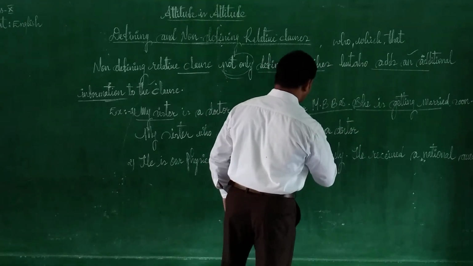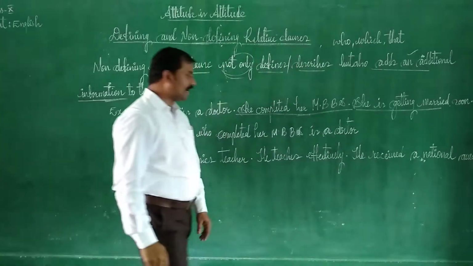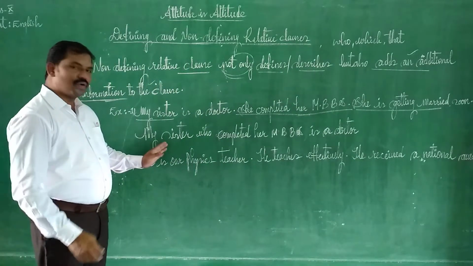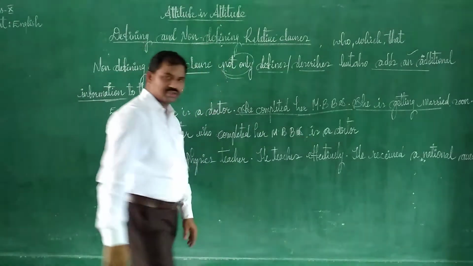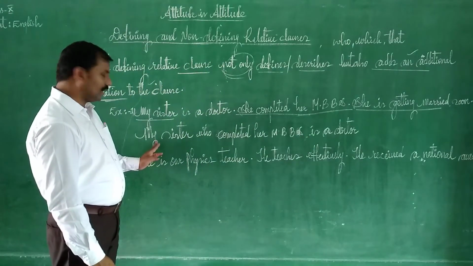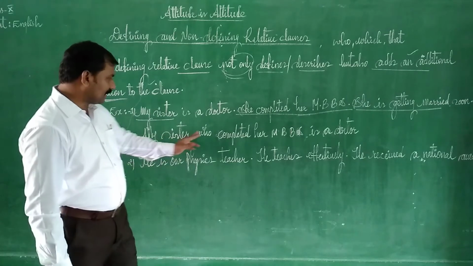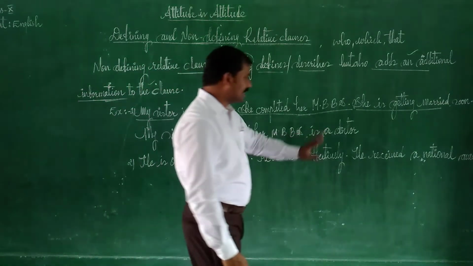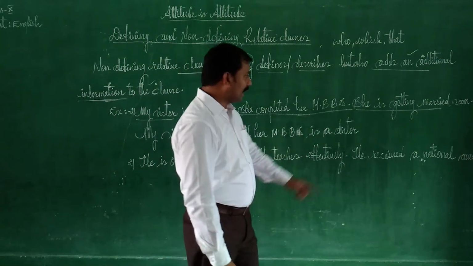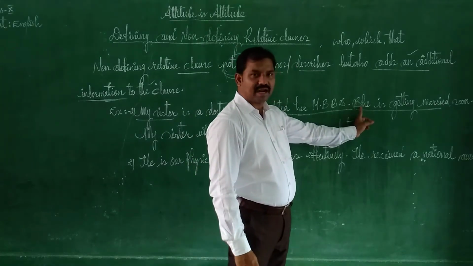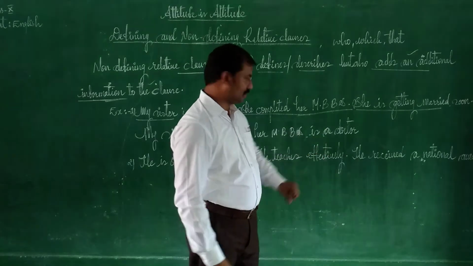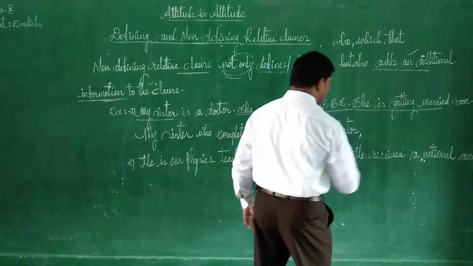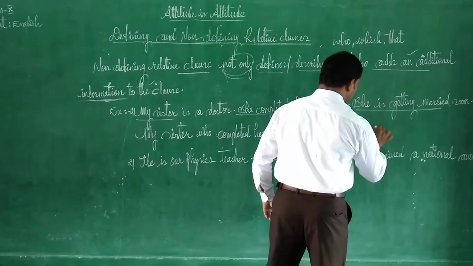Till here you need not add any comma. For our better understanding, if you want to place it here, you can do it also, no matter. So, my sister who completed her MBBS is a doctor. It is fine. Now, what about the next sentence? She is getting married soon. This is additional information. So you just use a comma here and then you continue.